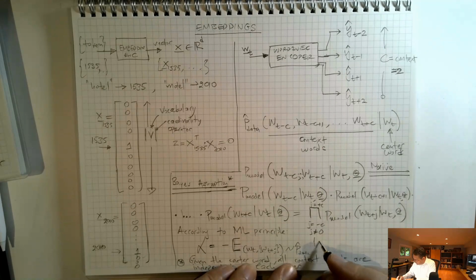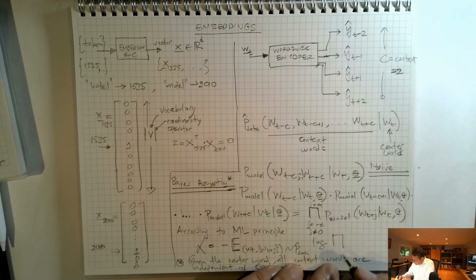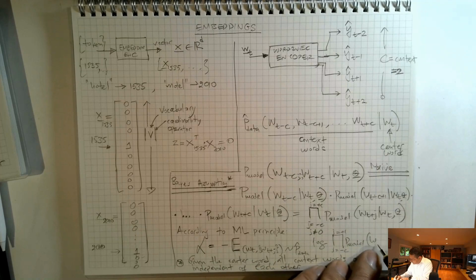Of the log, this is the log domain, if you like, of the product from j equal to minus c to j equal to plus c of P model of W T plus j given W T, comma theta.